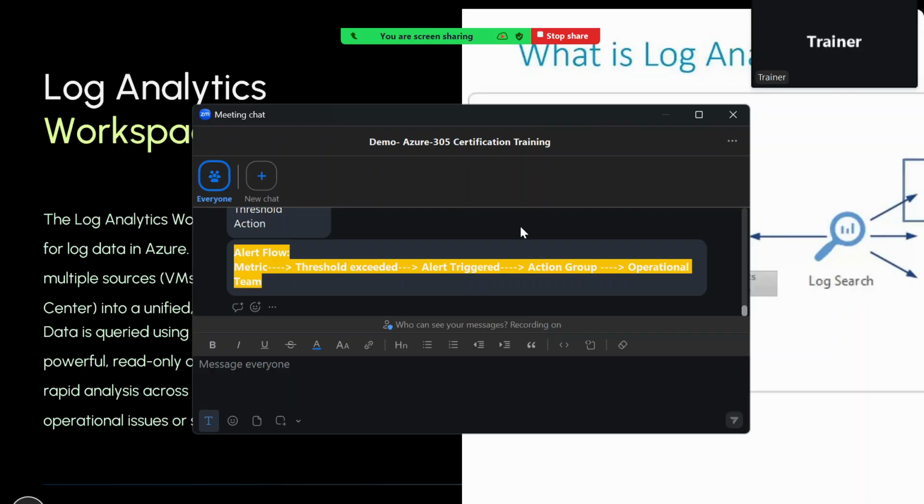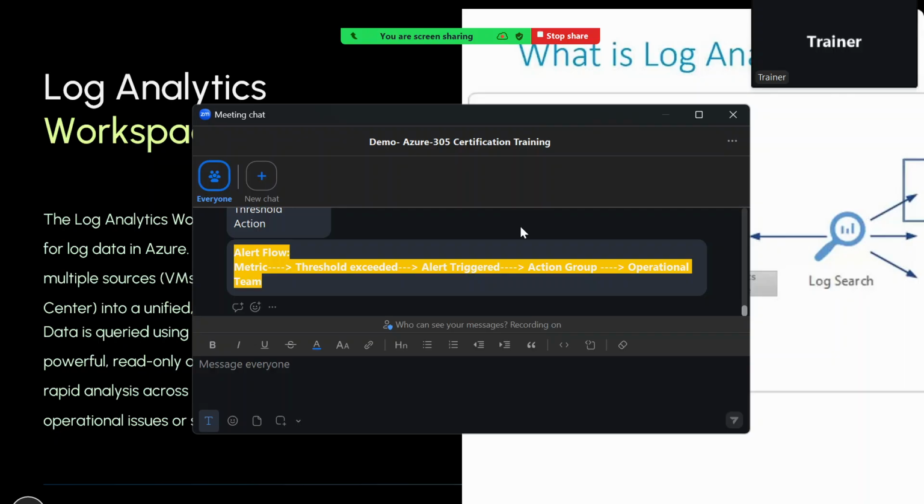And if the scenario needs to be informed about an Azure regional service outage, then the answer will be service health alert. So basically, Azure Monitor is far more than a dashboard.